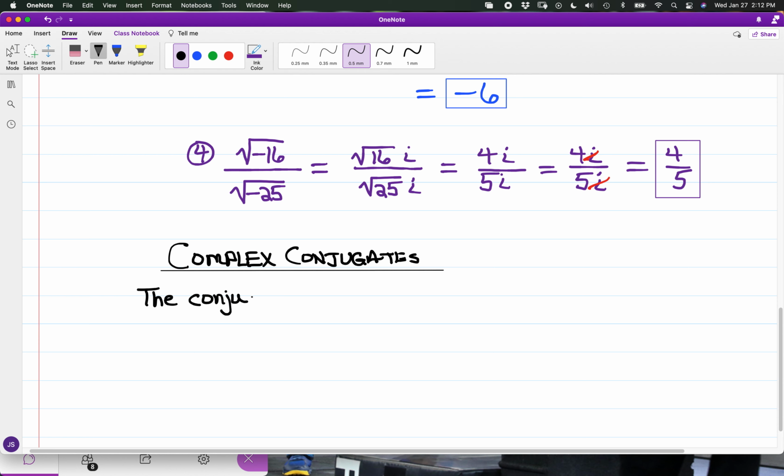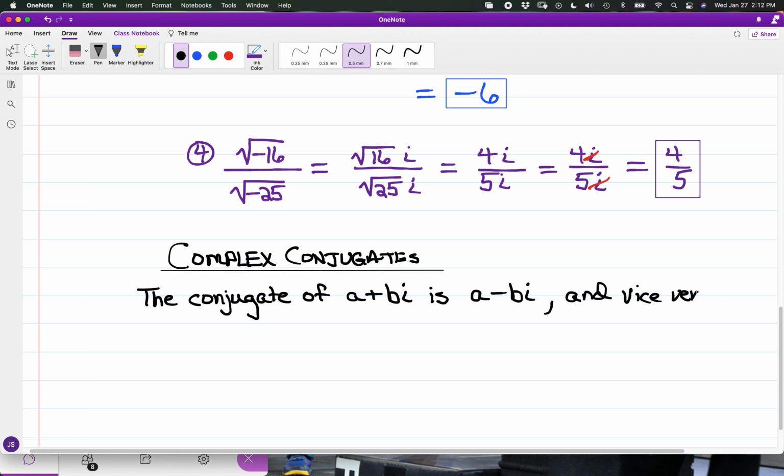And in the realm of dealing with conjugates, again we have that the conjugate of a plus bi is going to be a minus bi, and you can reverse that statement and say that the conjugate of a minus bi is going to be a plus bi.